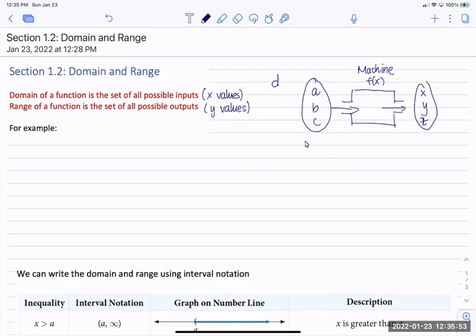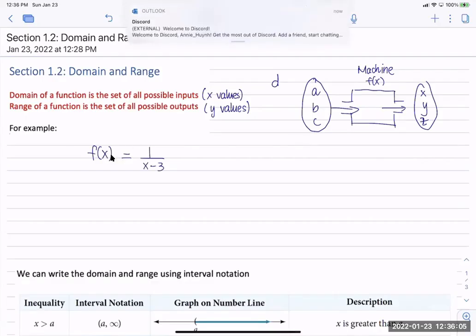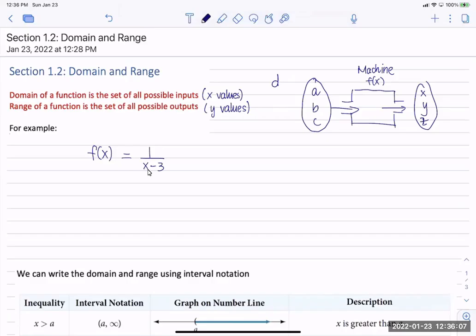For example, if I have a function like a fraction, f of x equals 1 over x minus 3, you can plug in any number for x and evaluate f of x. You can plug in 1, so f of 1 is 1 over 1 minus 3, which is negative 1/2, and so on.